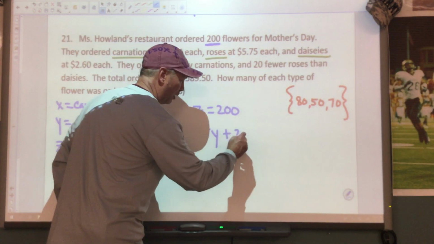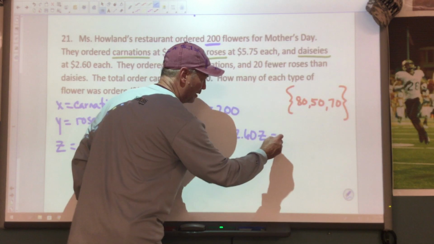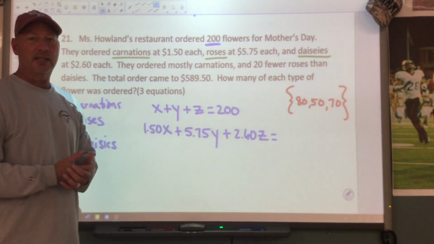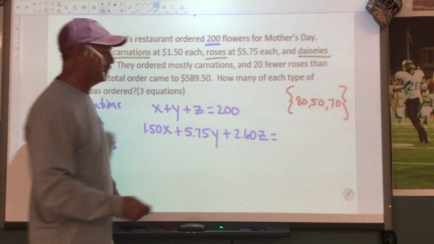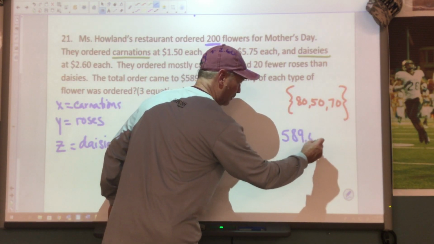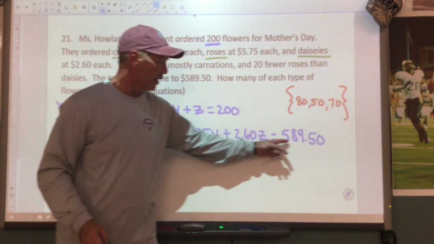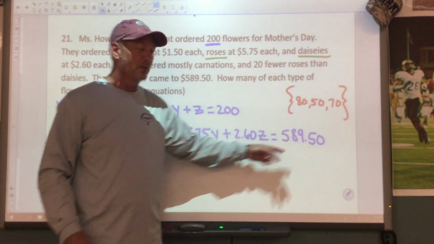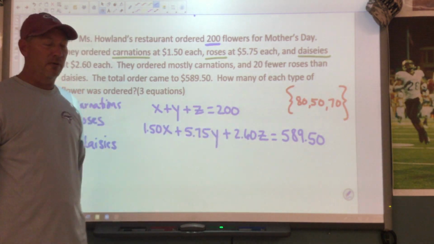So we're going to say plus $2.60 for each daisy. How much total money was the order? $589.50. So when we start putting a dollar amount, then our answer needs to be a dollar amount. But when we're talking about just how many flowers we have, then we use the total number of flowers.